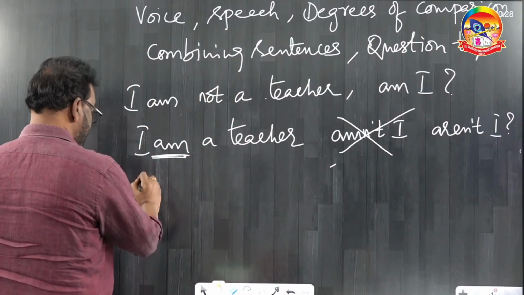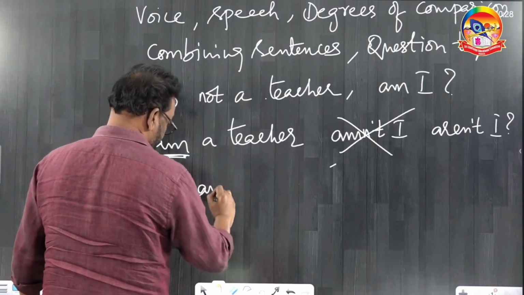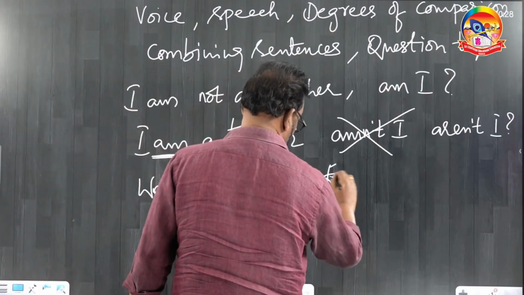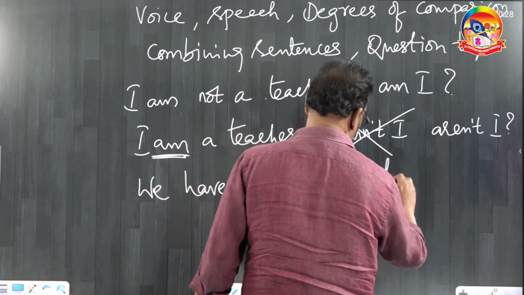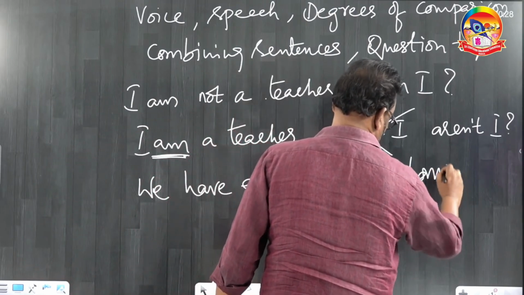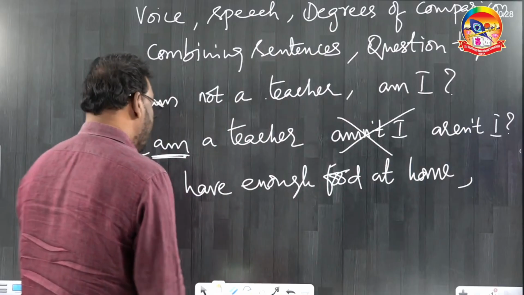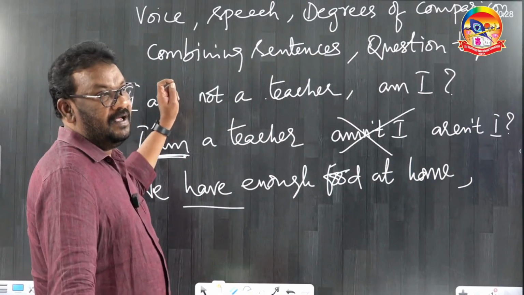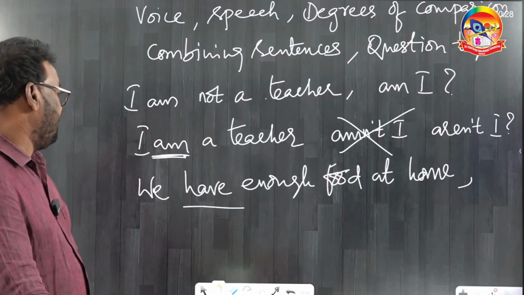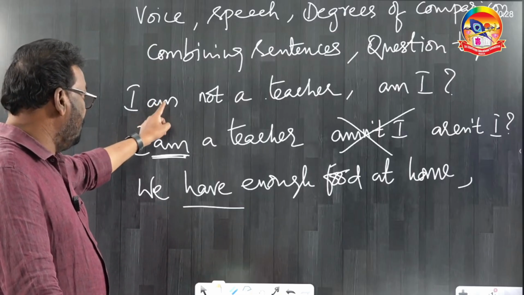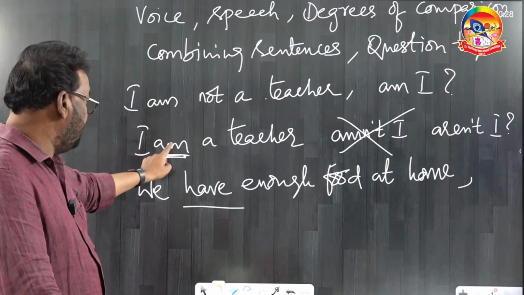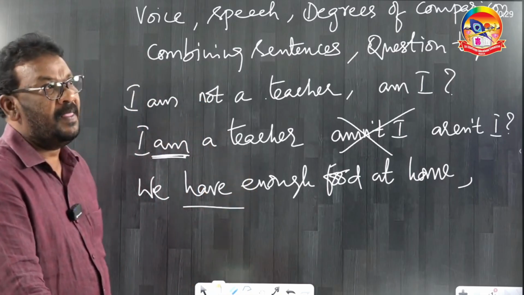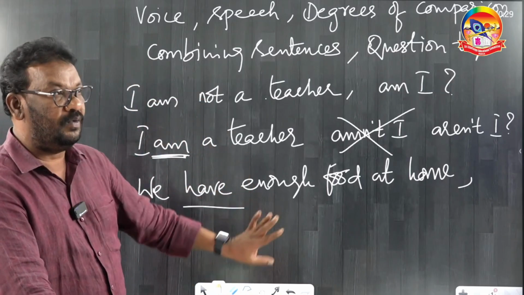And next one, we have enough food at home. And of course, how do we form tags? With the help of the given helping verb in the sentence. For example, am is the helping verb in the first one and am is the helping verb in the second one, whereas have is not a helping verb here, it is used as a main verb.